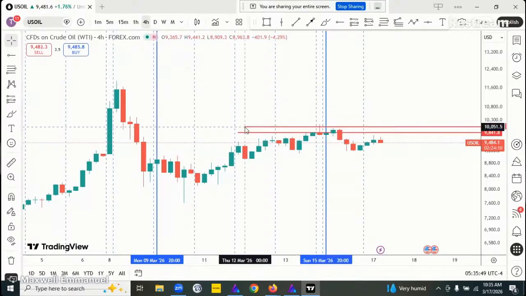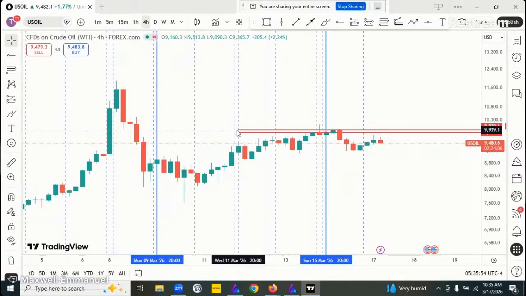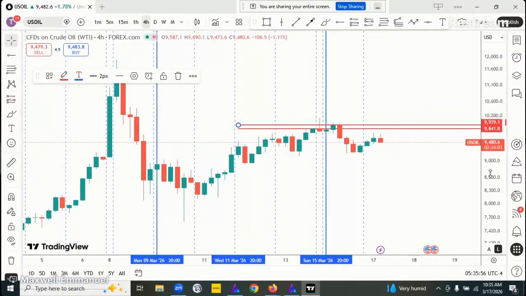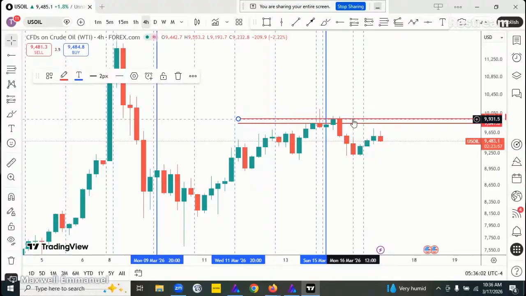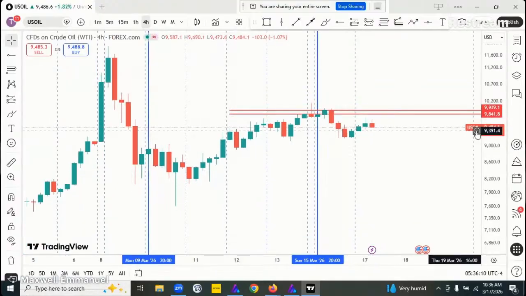You keep selling until price breaks that resistance, then you can buy. If you decide to sell, your stop loss will be above this resistance. So right now, I feel it is bearish. That's my take.